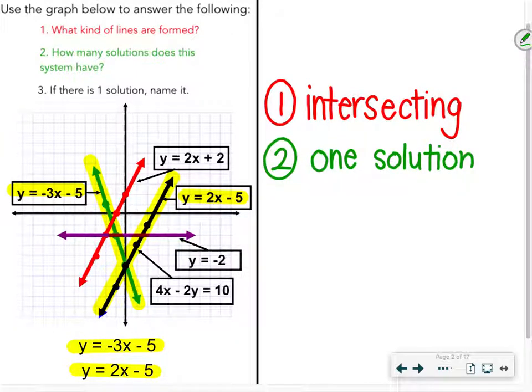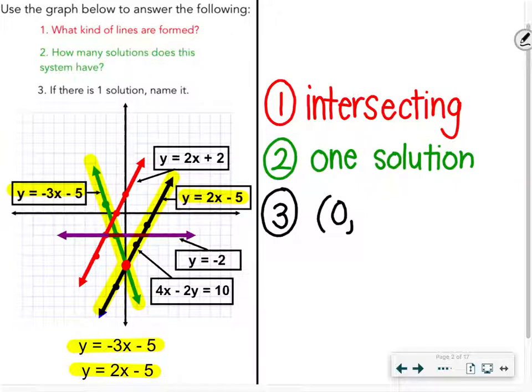So there is one solution. If there is one solution, we have to name it. That means write down the ordered pair where these two lines intersect. These two lines intersect right here where I'm making this red dot. So that ordered pair is 0, negative 3. We didn't go left or right, so I put 0, and then I went down.